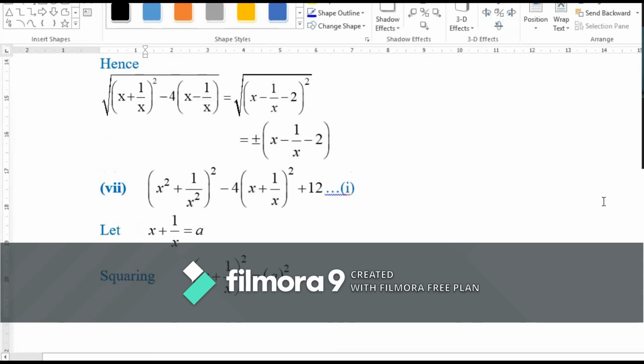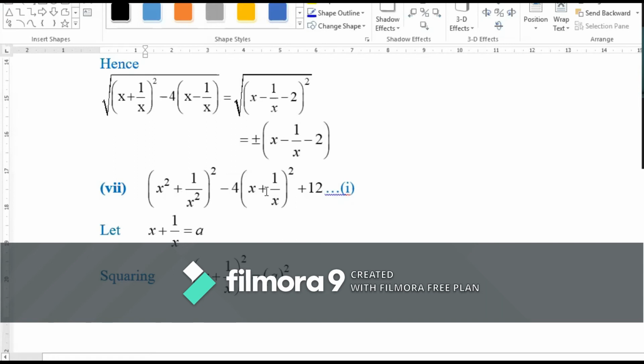And part number 7 is very identical to part number 6. In this part, as I'm telling you, in the second part you have to substitute x plus 1 over x equals a. As I told you, in these types of questions you have to substitute the second term, not the first term.